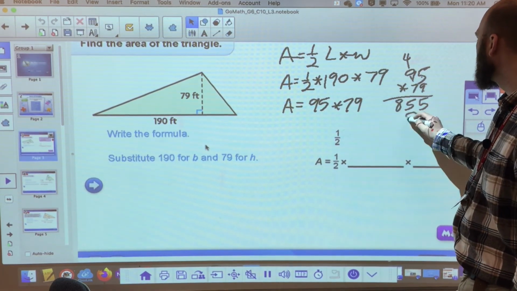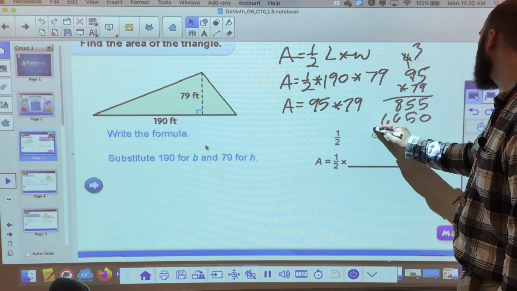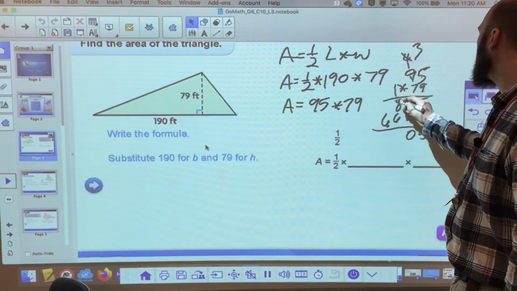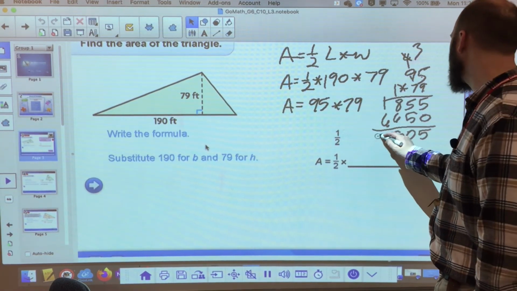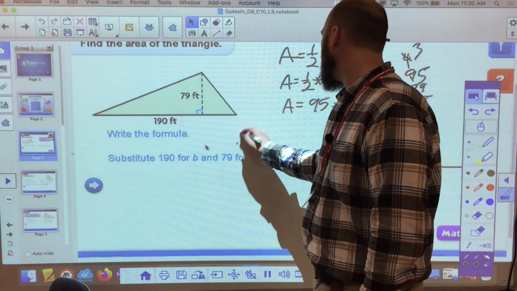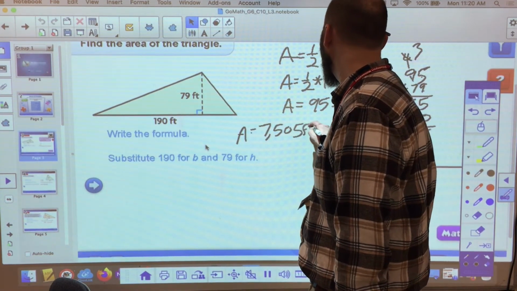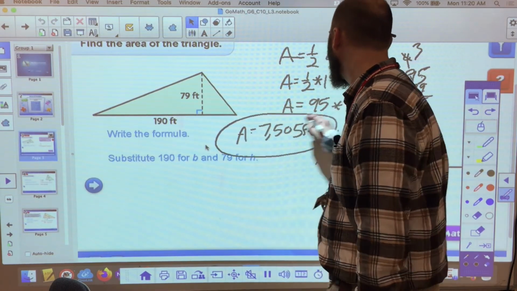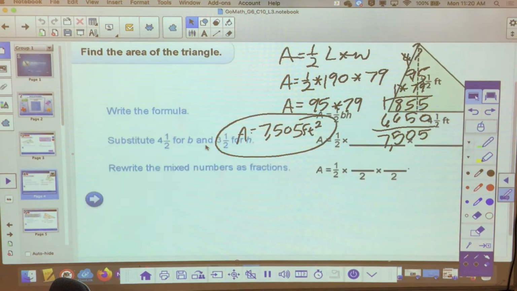I have my 0. 5, 3, 7 times 9 is 63, plus 3 is 66. 5, 0, 1, 15, 7, and I get area equals 7,505 feet squared. So start with the formula and plug in what you know.